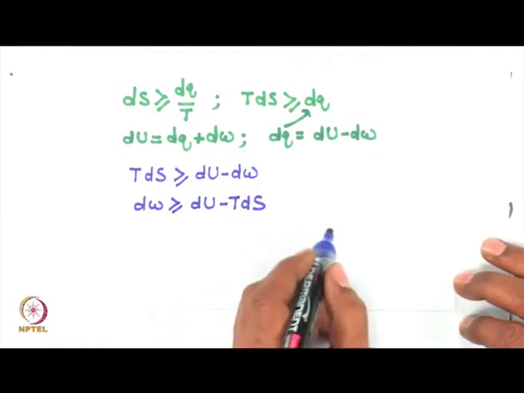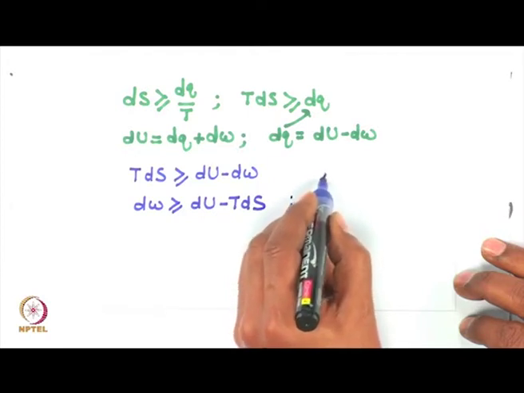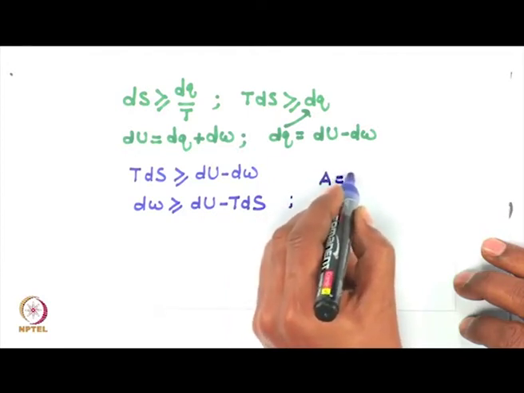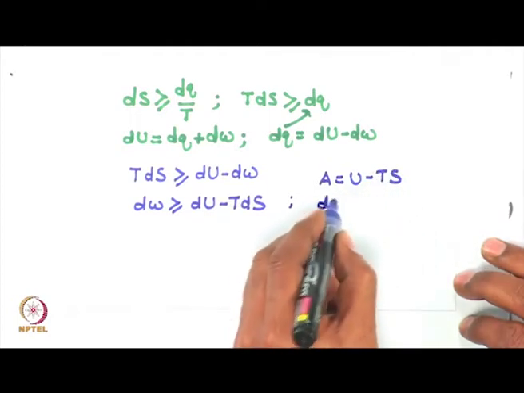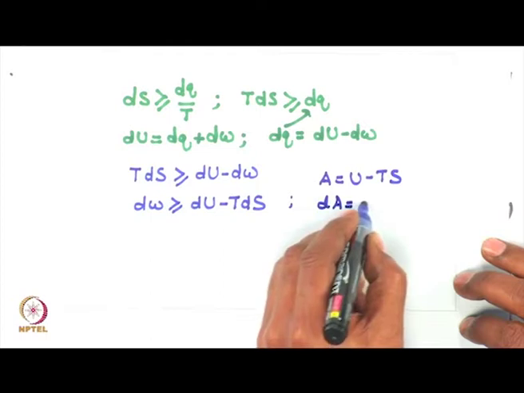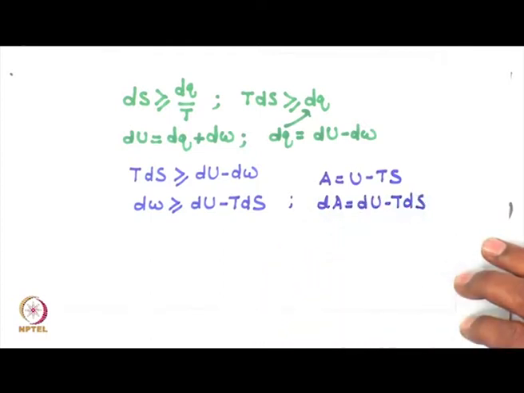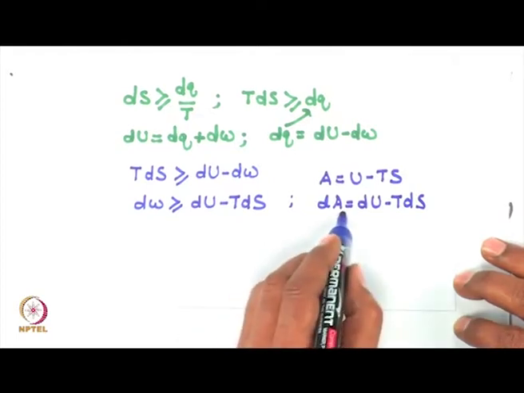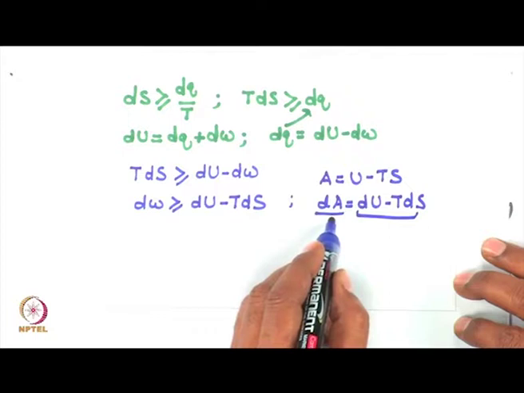Now, let us remember we had defined A is equal to U minus TS, this we have defined earlier. Therefore, at a constant temperature dA is equal to dU minus TdS. So, this dU minus TdS here I can replace by dA.